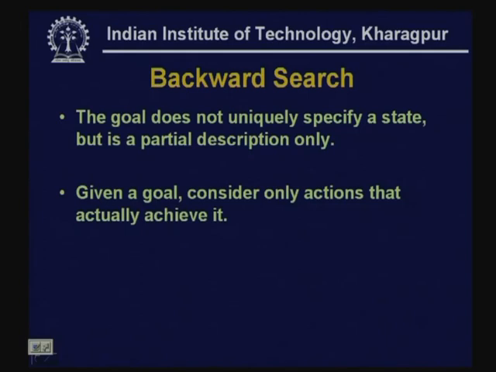Remember, in the goal state, we just say these are the conditions that must be true in the goal state, right. So, we do not have the full goal state. But we are given a set of sub goals that we have to achieve, and then we can consider each sub goal separately, and we consider actions that usually achieve one or more of these sub goals.